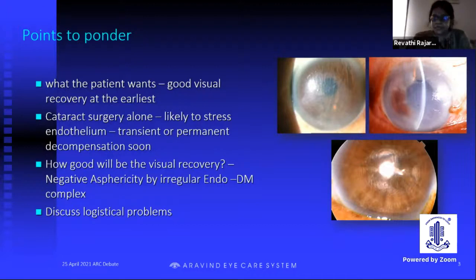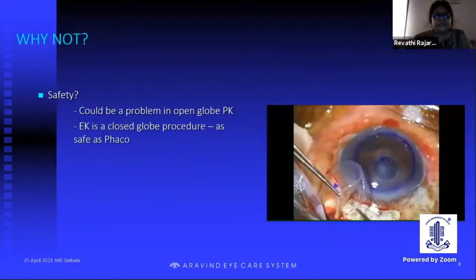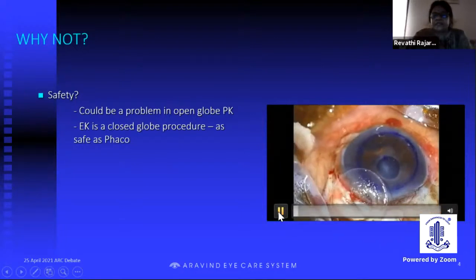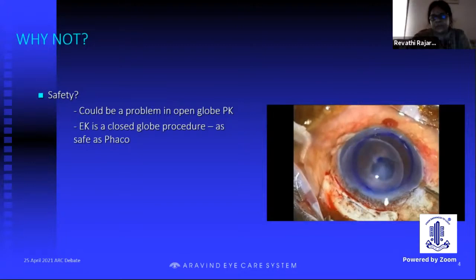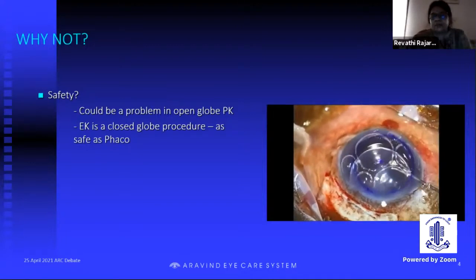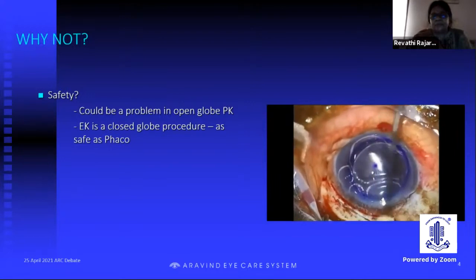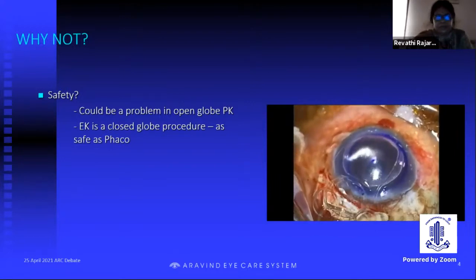We also have to discuss the logistical problem for the patient and the attender, whether they will be able to bring the patient again for another surgery. All these things we have to discuss with them, and then allow them to make a decision. Why are we so concerned about doing a combined surgery at the same time? One reason is safety, but this is more so in open globe PK surgeries. Nowadays, with EK or closed globe surgeries, it's as easy as inserting an IOL just behind the iris. You put it just beneath the cornea, position it, and leave it.